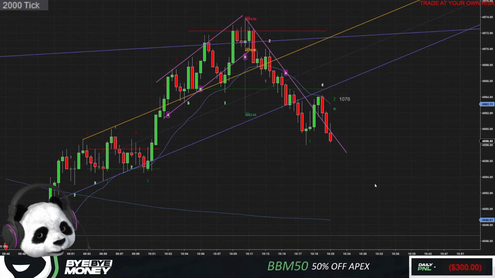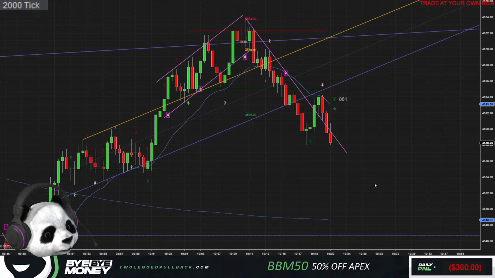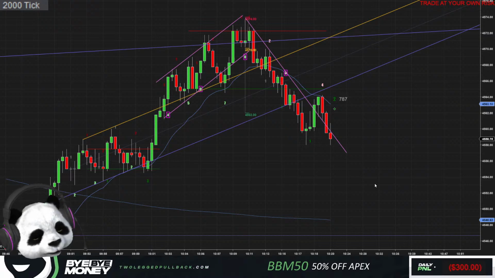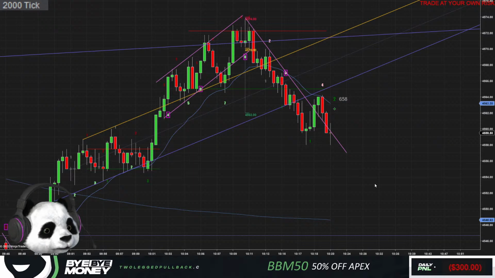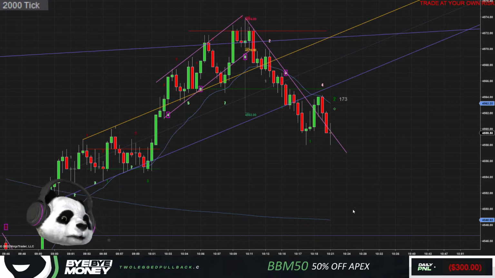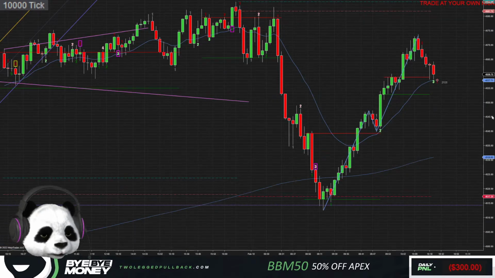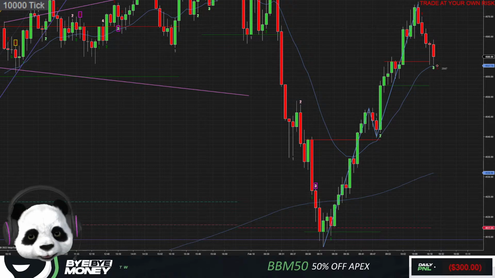It's making a new low on the first entry here, potentially. Double bottom. The double bottom is off of the 20 EMA on the 10K chart, as you guys can see.